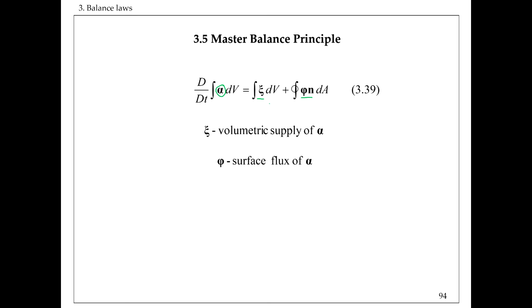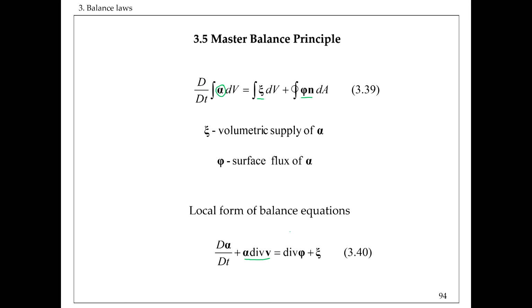Then we can unite all of them under the volume, converting the surface integral into a volume integral, and combine them. We demand that this must hold true regardless of our integration volume, so we do the localization of the law, and hence in local form our balance equation will look like this. From the time derivative, there is an additional term that comes from the integral term, divergence v.